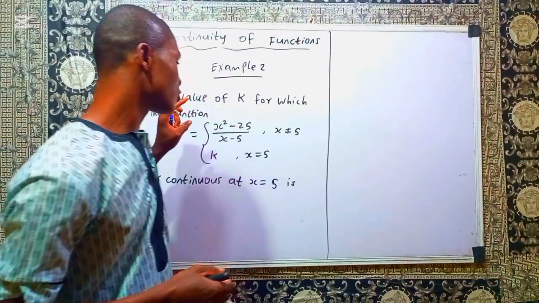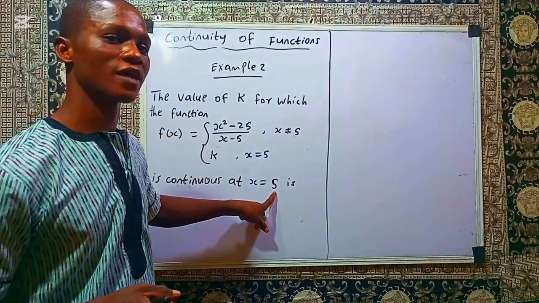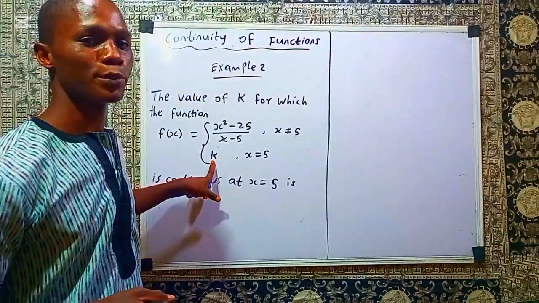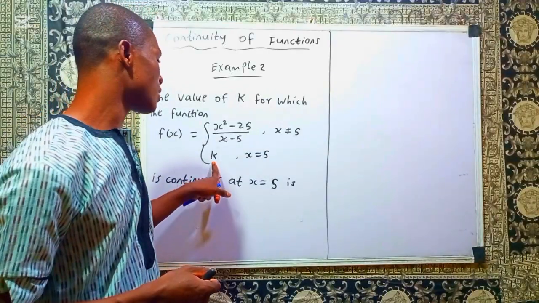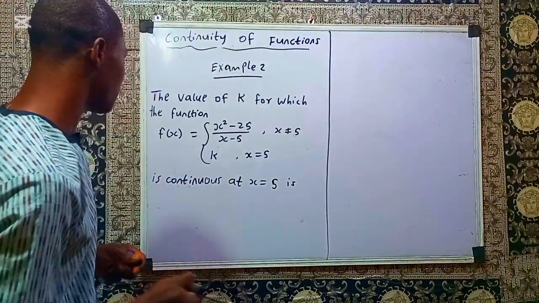So we assume that the function is continuous at x equals 5, and we are going to find the value of k that will make this function continuous at that point.